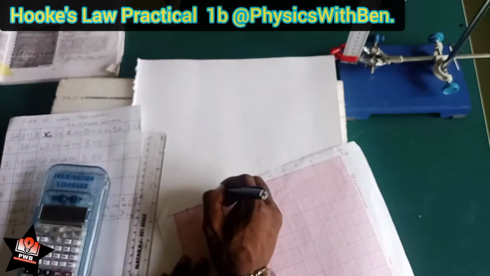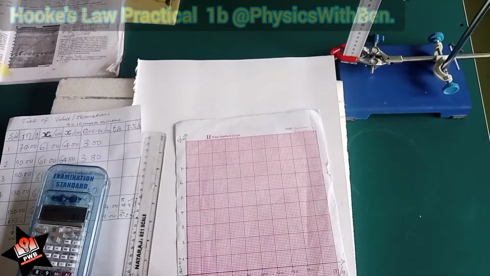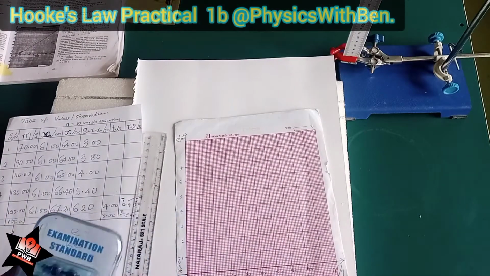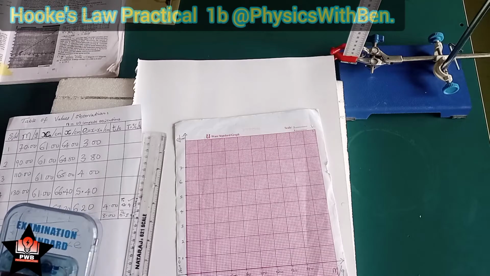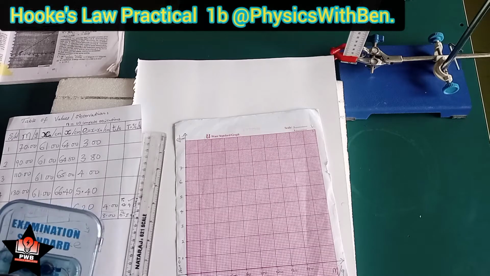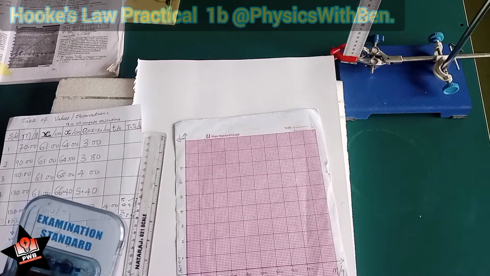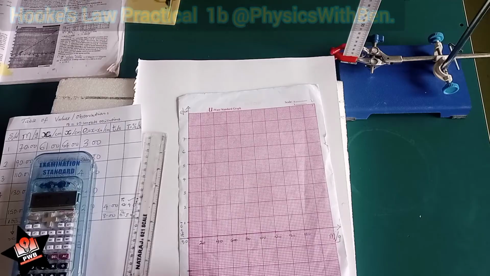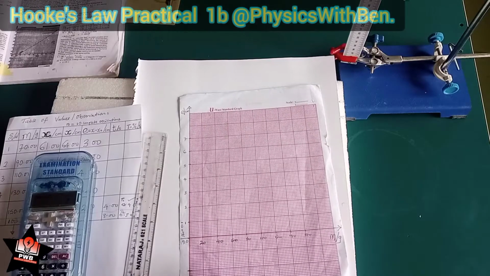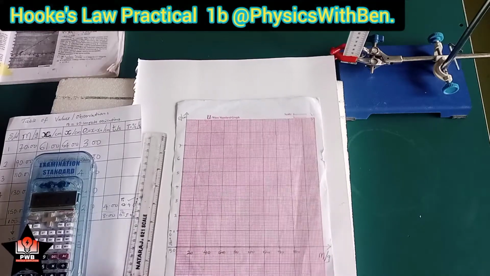Good. So the value for each small box on this wing is 20 by 10. That's 2. The value for each small box here is 20 divided by 10, and that is 2.